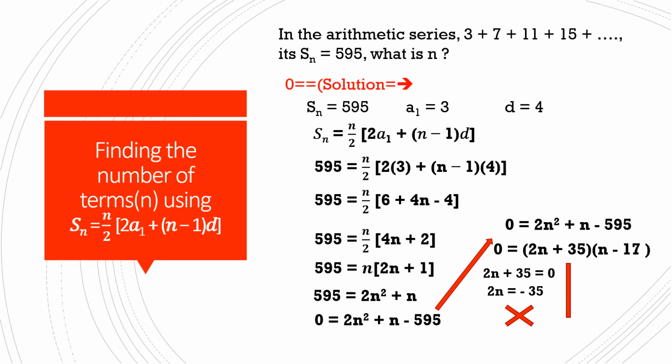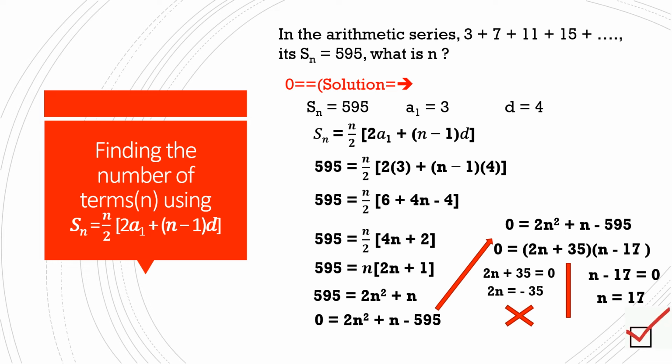What about the n minus 17? For the n minus 17, using the additive inverse or simply transferring negative 17 to the other side, that becomes positive 17. So our n is positive 17. So n is positive. Therefore, we are sure that this is correct because the value of n must always be a positive integer.